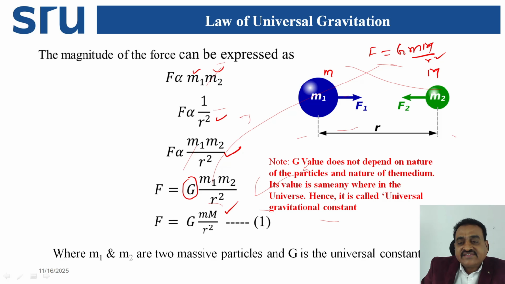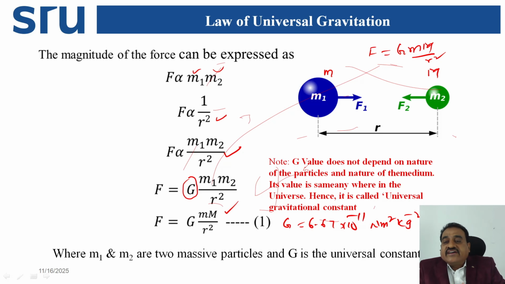The value is G is equal to 6.67 into 10 to the power minus 11 Newton meter square per kg square. G does not depend on the nature of the particle and the nature of the medium. Its value is the same anywhere in the universe. Hence, it is called the universal gravitational constant.